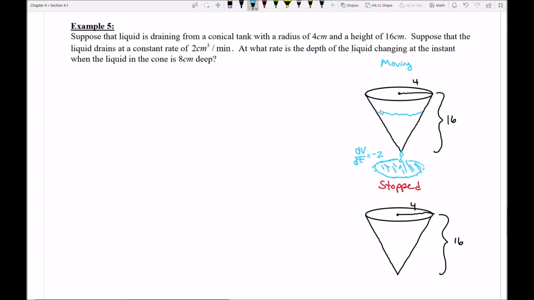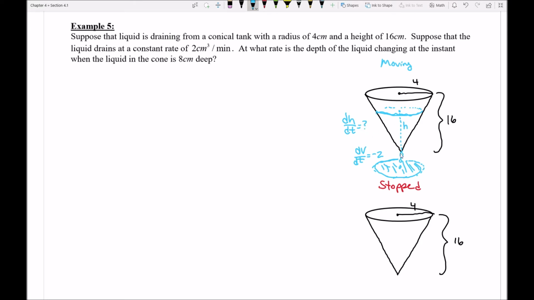So I should be able to see a couple other things here. If I was to imagine that there's a top circle of water sitting in here, then that circle of water obviously has some sort of height. It's some distance from the bottom, so I'll label that as h. And what I'm curious about apparently is dh/dt. What here is actually changing?